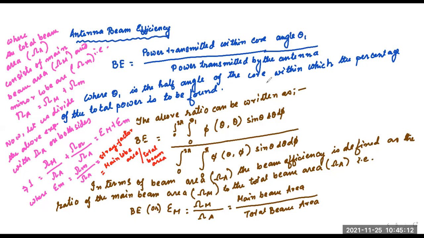And another thing, last but not the least, is the beam efficiency. That is equal to sigma m by sigma A. That is called beam efficiency.